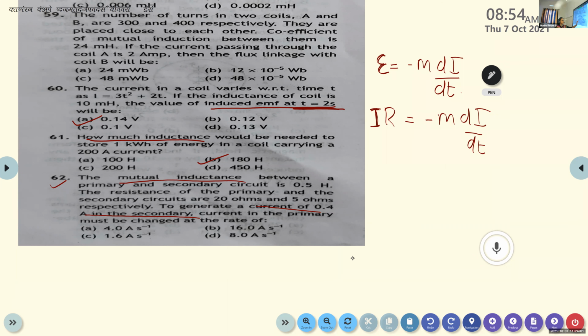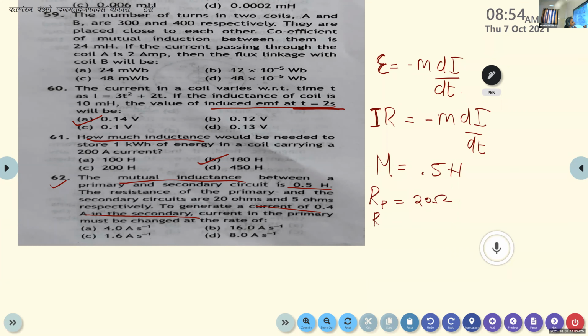The mutual inductance between a primary and secondary circuit is 0.5 Henry. Here the mutual inductance M is given. It is 0.5 Henry. The resistances of the primary and the secondary circuits are 20 ohms and 5 ohms respectively. So the resistance of the primary circuit RP is equal to 20 ohm.